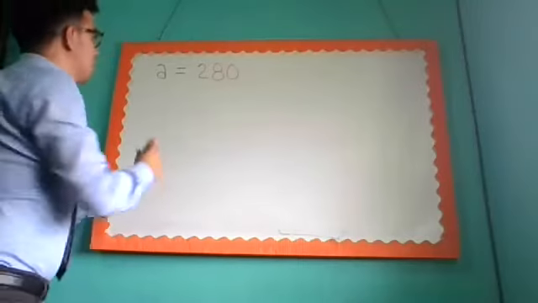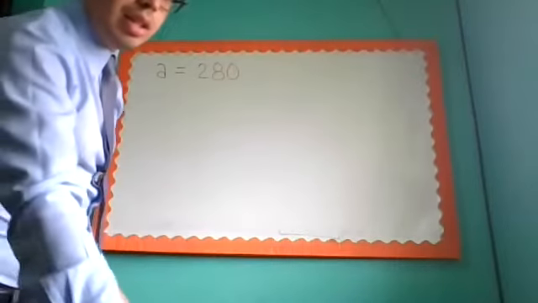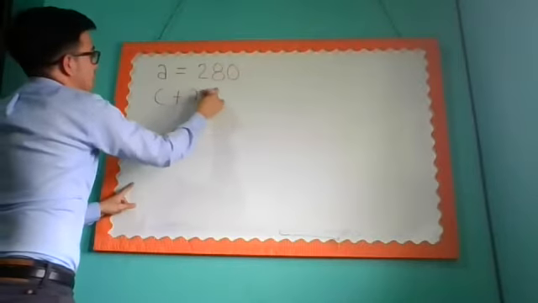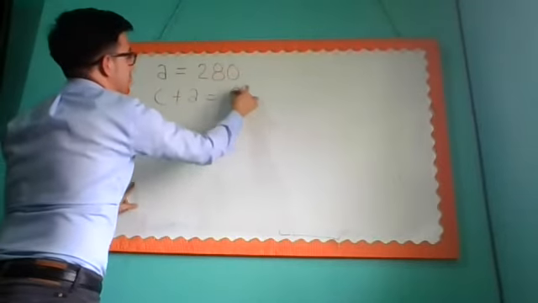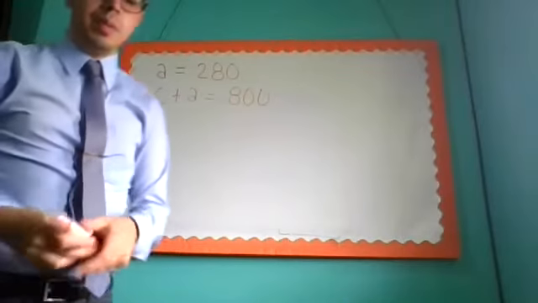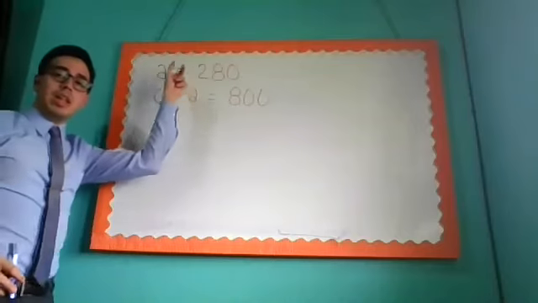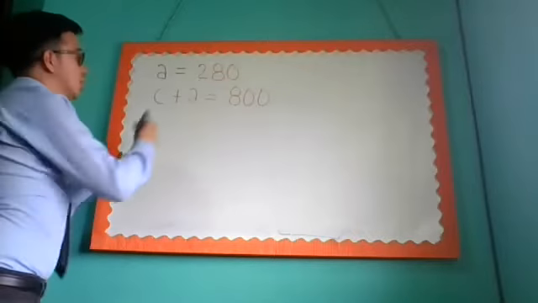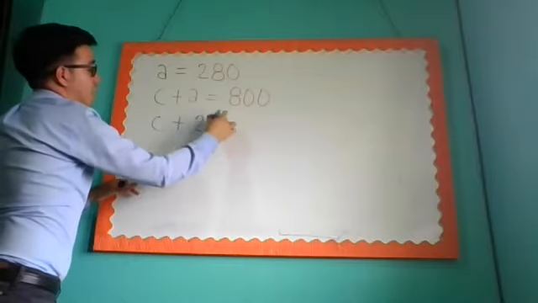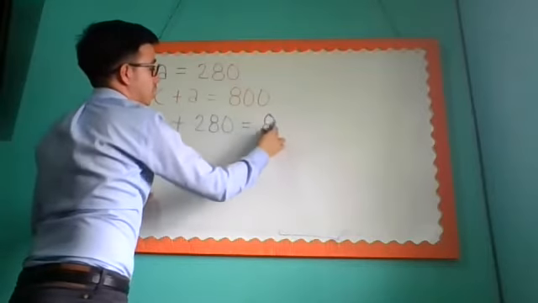And we have the equation that C plus A is equal 800. These are the two equations that I have at the beginning. And I'm just replacing. If A is 280, I have that C plus 280 is equal 800.